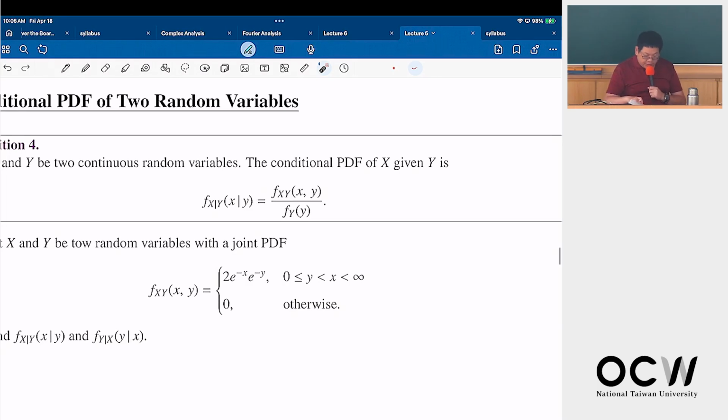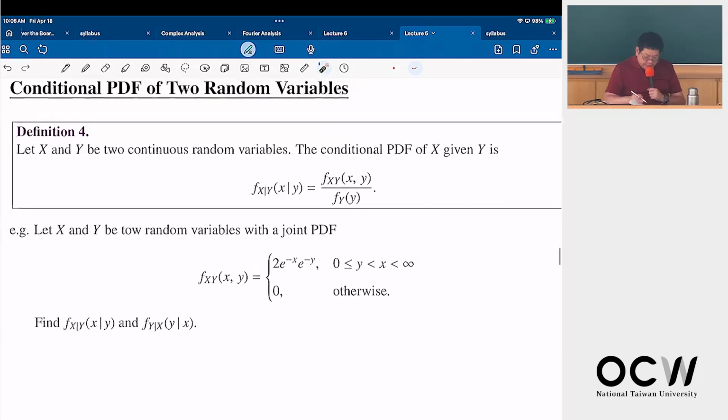And here's an example. This is our joint PDF. And I need to find the conditional PDF of x given y and also the conditional PDF of y given x. So no matter which one, I also need the marginal PDF of either y or x.